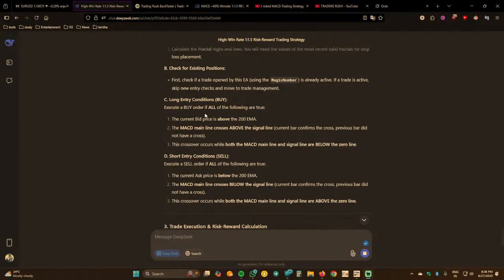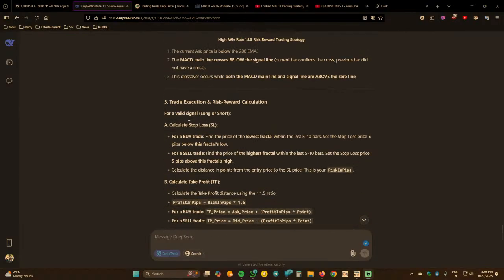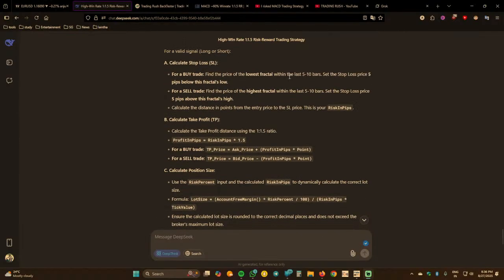Long entry buy condition: current bid price is above 200 MA. The MACD main line crosses above the signal line. Current bar confirms the cross. Previous bar did not have a cross. Okay, short entry, trade execution, calculate stop loss level. For buy trade, find the lowest fractal level.